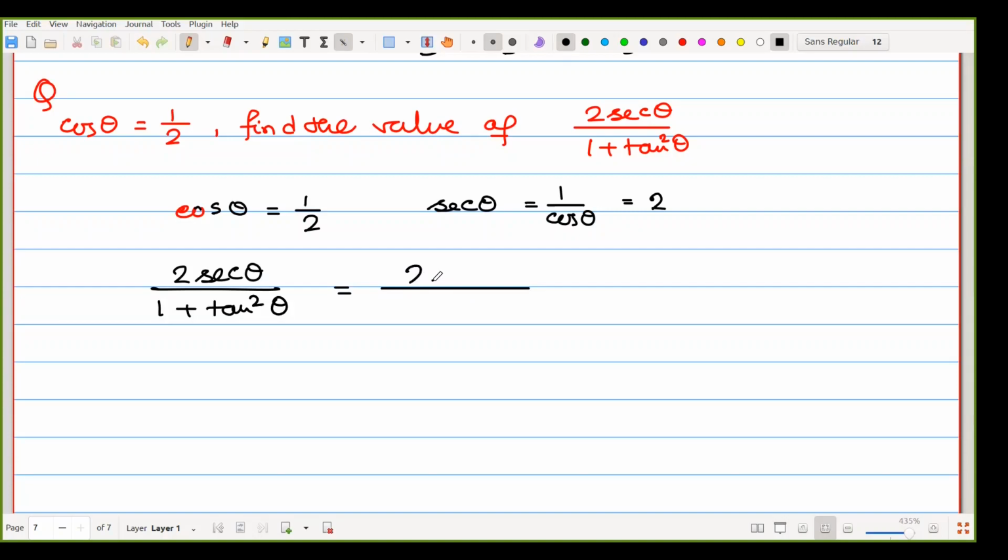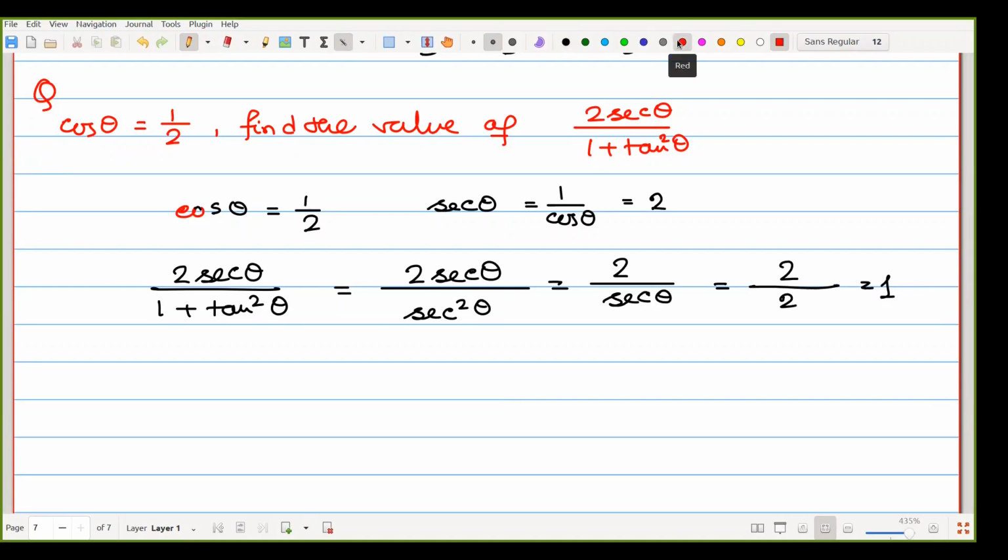So that means 2 sec theta divided by sec square theta. That means practically that one is 2 by sec theta or 2 by 2, that is 1. Sec square theta means 1 plus tan square theta.